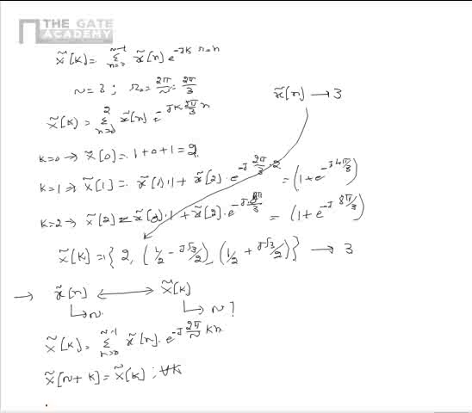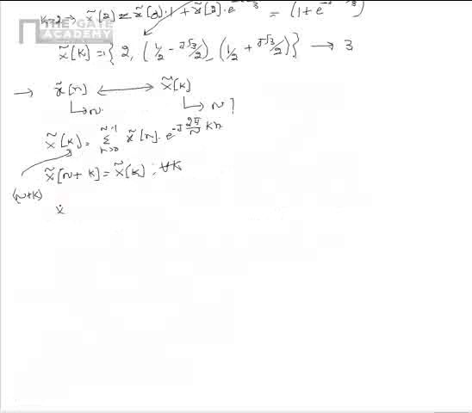This can be done by replacing k with N plus k in the given analysis equation. From this we can say that X of N plus k is equal to sigma n is equal to 0 to N minus 1 x of n multiplied by e power minus j into 2 pi by N into N plus k multiplied by n.